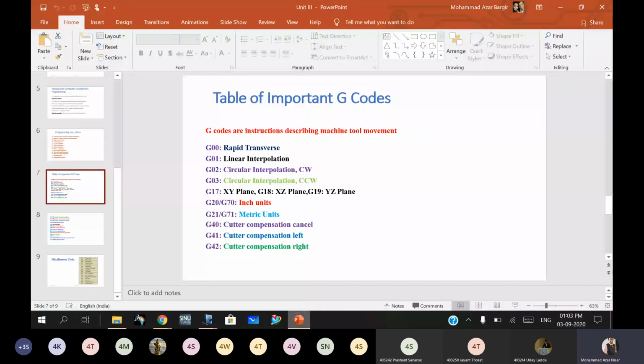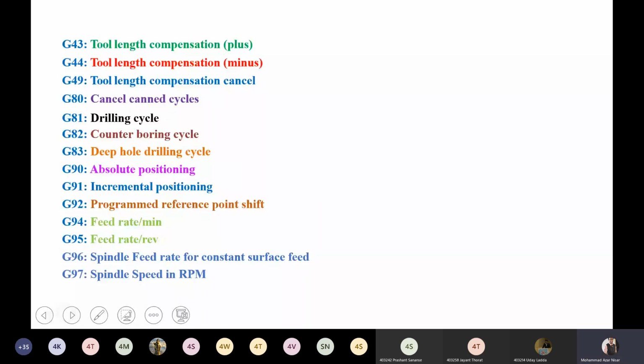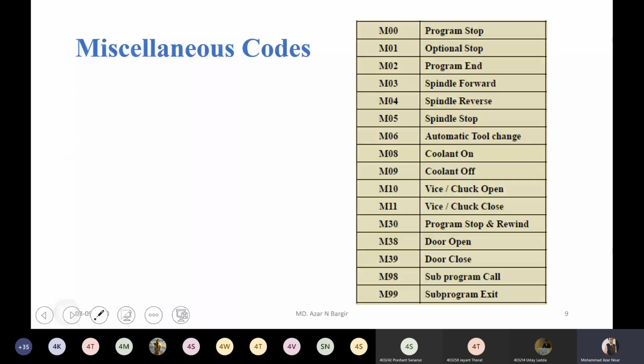Then after these G codes, we will see what the M codes are, and we will stop over here. So we will see the M codes first, and from the next lecture we'll take on simple examples of milling operation, and we'll complete that.